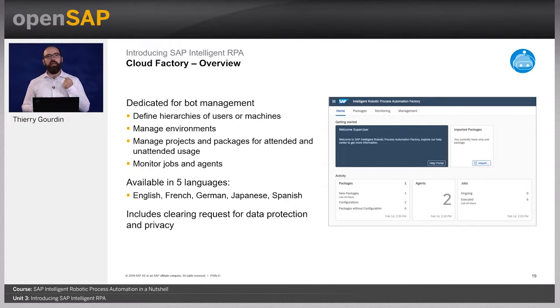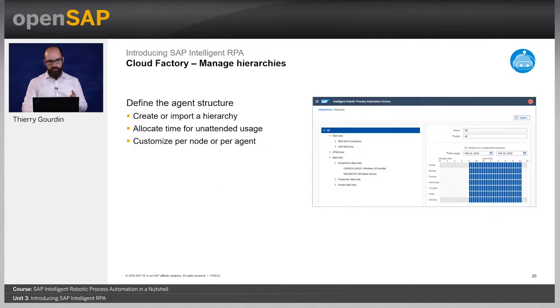So now let's say you have developed an automation and you are ready to distribute it all over your company or to your customers. Let's see how it is done with the factory. First, you have to define structured sets of users or machines that will receive your automation. These sets are called hierarchies.